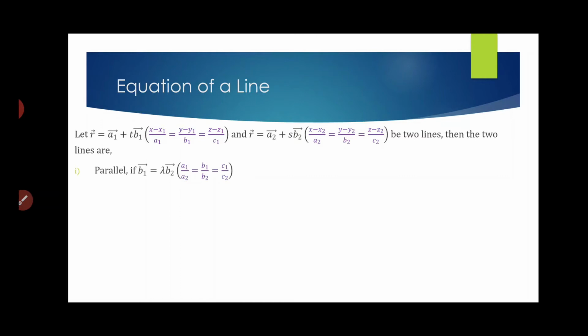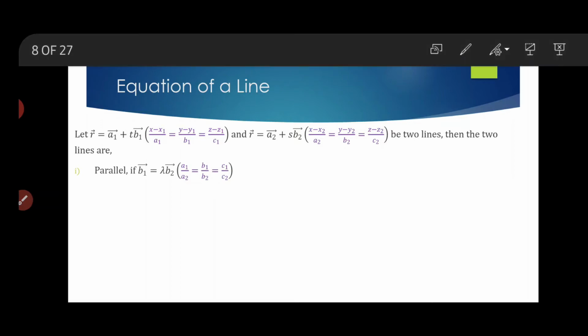Now how to understand they are parallel? If the 2 equations are given, either in vector form or in the Cartesian form, let us first discuss the vector form. To understand if they are parallel, their direction must be the same. Therefore the direction of the first line must be a scalar multiple of the direction of the second line, or in the Cartesian form the ratios of the directions of both the lines must be equal.